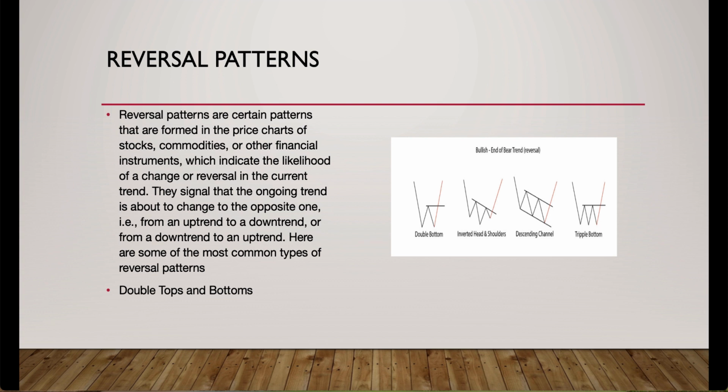Again, there's other patterns like the head and shoulders, which is here. This is a very common pattern. The reason they call it head and shoulders, it looks quite similar to the triple tops and bottoms, but one thing that you notice here is they're all equal or pretty much equal, whereas here they're not equal.